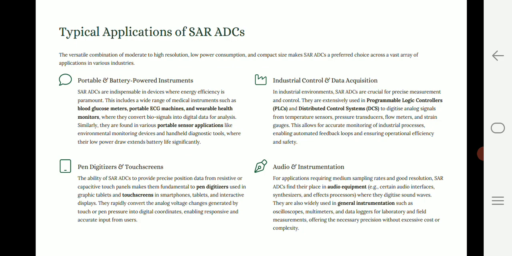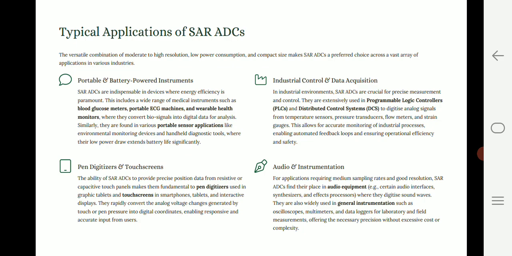There are typical applications of SAR ADC. We can also call them real-time applications. There are four major fields of application: portable and battery-powered instruments, industrial control and data acquisition, pen digitizers and touch screens, and audio and instrumentation.